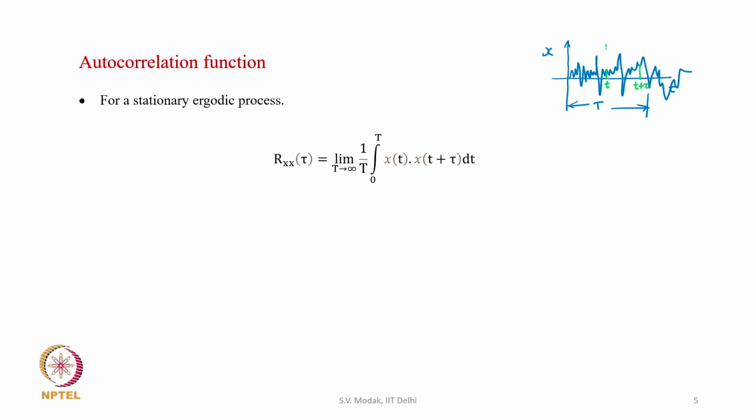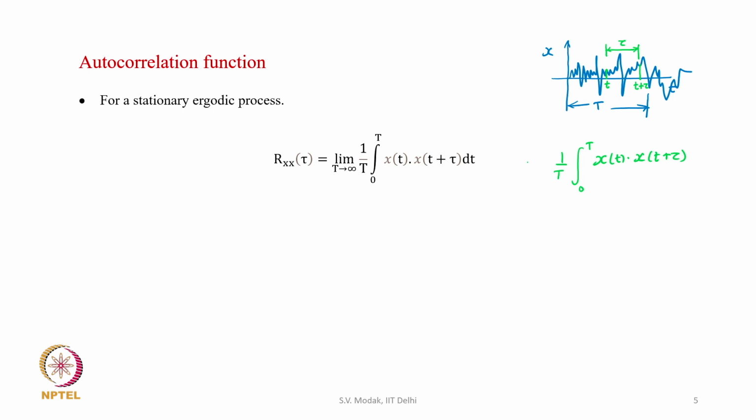So, these two samples are separated by a time lag tau. We take the product of these two samples, that is x of t multiplied by x of t plus tau, and then we integrate this product over the length T of the signal, and the average value of this is obtained by dividing this by capital T. So, this basically tells us the correlation between the samples x(t) and x(t plus tau), which are separated by time lag tau.